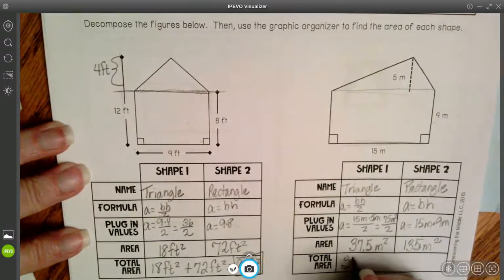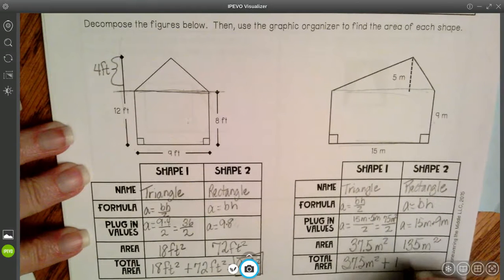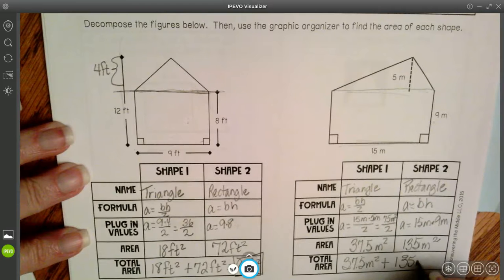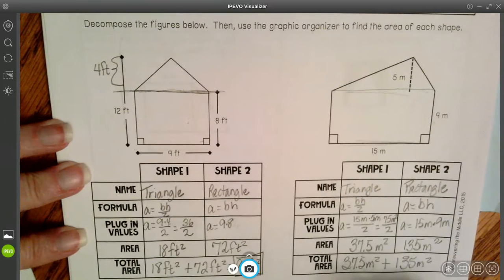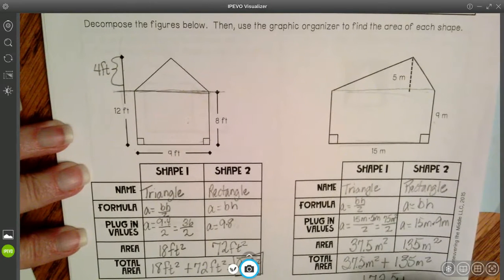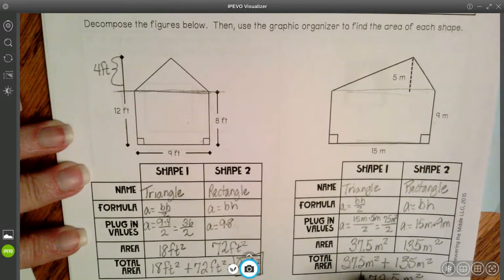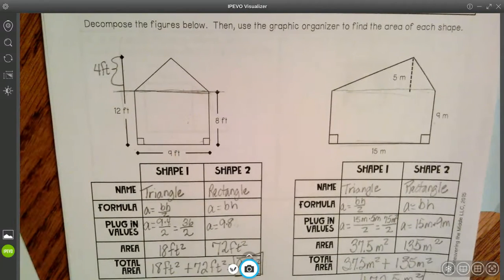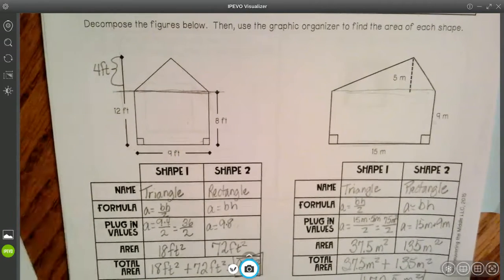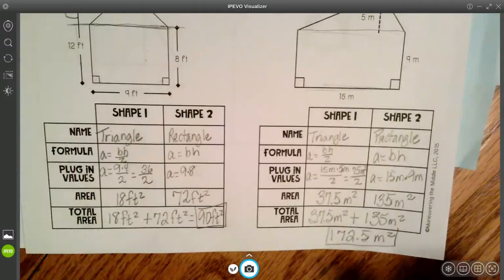We've got 37 and 5/10 meters squared plus 135 meters squared equals 172 and 5/10 meters squared for the total area on that one.